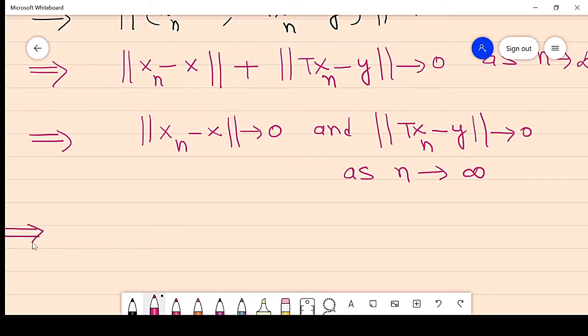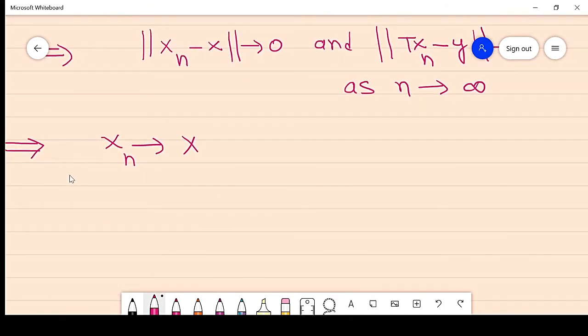So it implies, number 1, xn approaches x, and number 2, Txn approaches y as n approaches infinity.